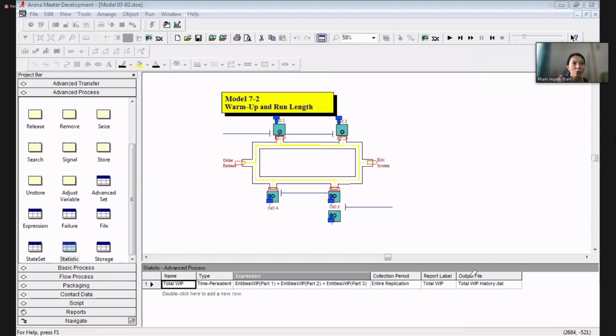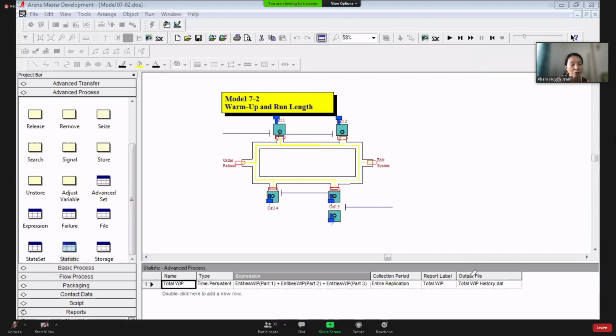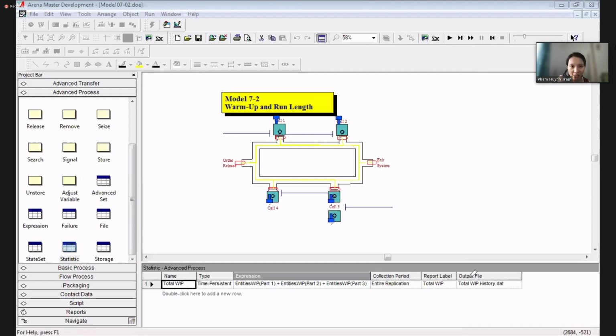By monitoring the inventory level throughout the simulation, we can see when it is stable, and based on that we set the warm-up time. Right now we don't know the warm-up time, so we just run it first and then look at the inventory level to decide later.